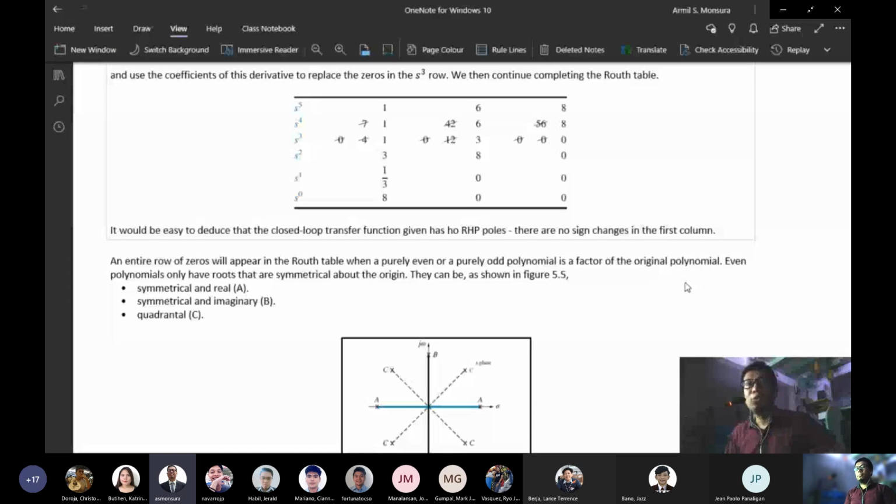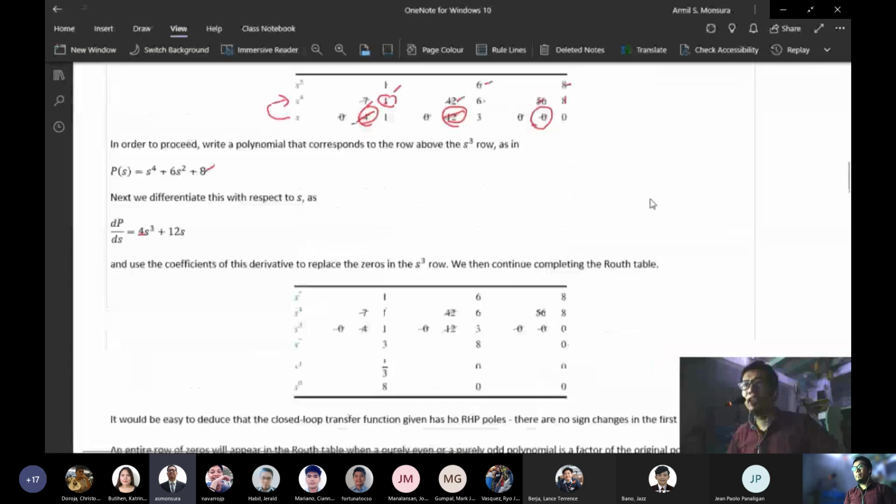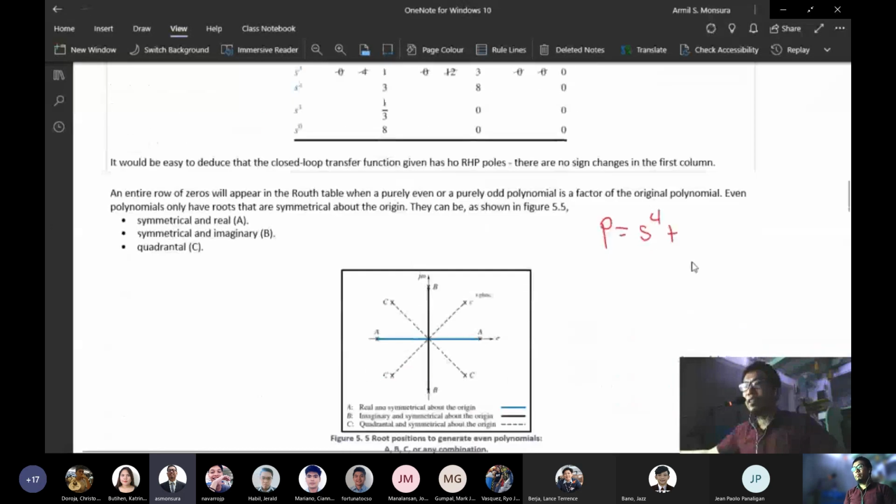Again, magkakaroon lang kayo ng entire row of 0 kung yung original polynomial nyo is factorable into factors, one of which is a purely even or a purely odd polynomial. When you say purely even polynomial or purely odd polynomial, it means ano siya? Halimbawa, yung s to the fourth plus 6s square plus 8.